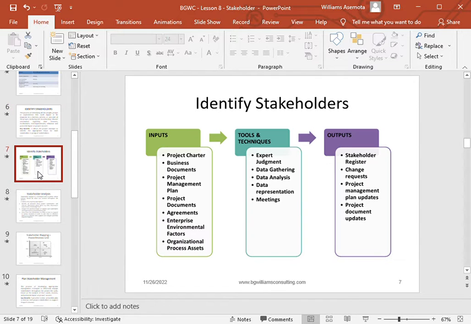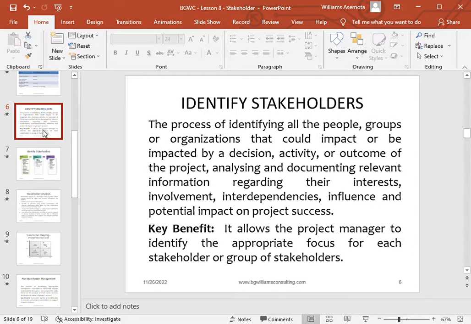Now, when all stakeholders are identified, what do you do? Please take note. Is it that you just identify them as stakeholder number one, stakeholder number two? No. Identifying your stakeholder is getting to know their names. Remember, when we were discussing stakeholder management, we said the purpose of continuous engagement is that first you know them and know what their needs and expectations are.